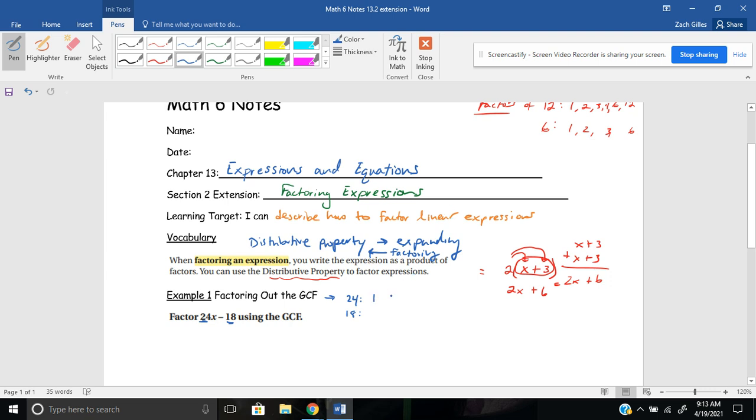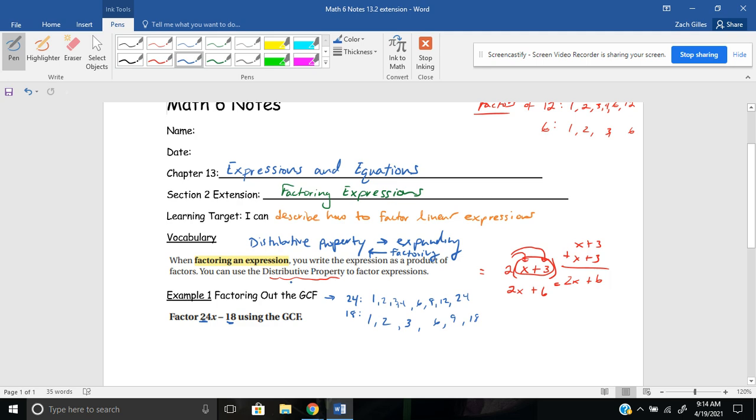Well, 1 times 24, 2 times 12, 3 times 8, 4 times 6. Those are the factors of 24. It's got a lot of factors. Factors of 18, 1 times 18, 2 times 9 gives me 18, 3 times 6, and that's all.